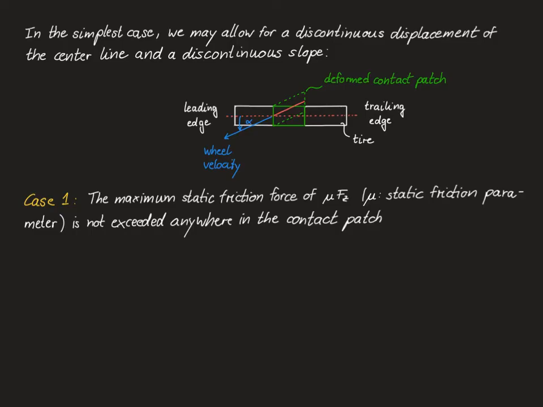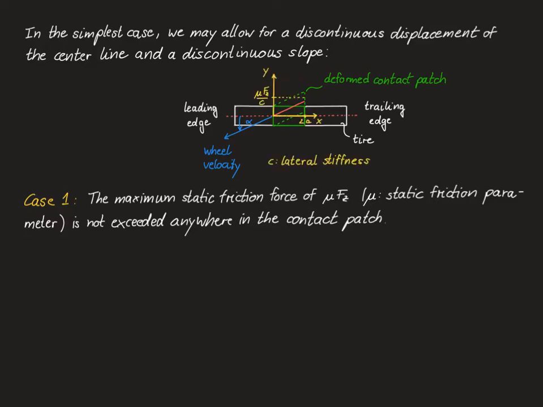The first case is where the slip angle alpha is so small that the maximum static friction force is not exceeded anywhere in the contact patch. Recall that this maximum static friction force is given as mu times the vertical force on the tire, where mu is the static friction parameter of the Coulomb friction law.